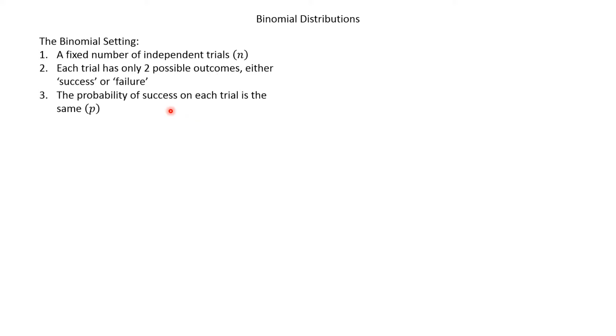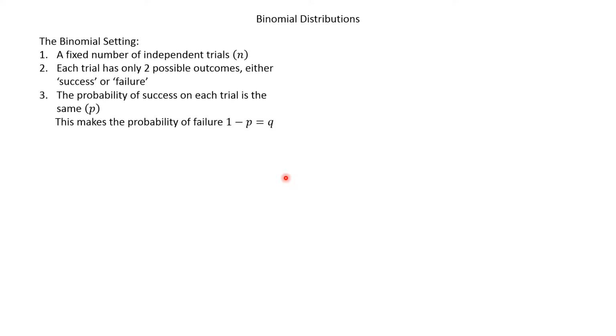But before we get there, if the probability of success is P, that means the probability of failure is going to be 1 minus P, which we also call Q. I don't know exactly why we use Q, probably because of the proximity in the alphabet. But the probability of success is P, probability of failure is Q, and I say that because we're going to use it in the equation.